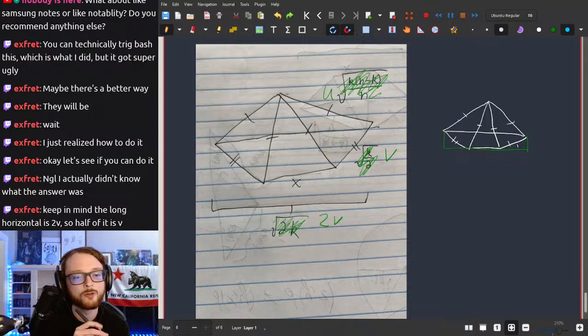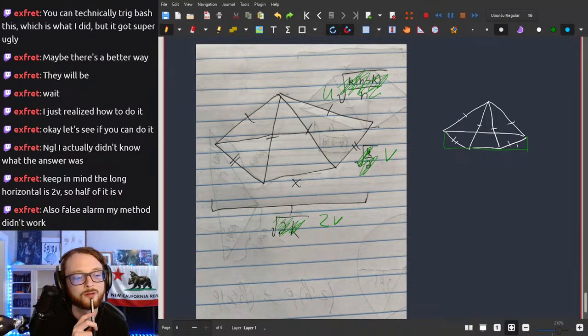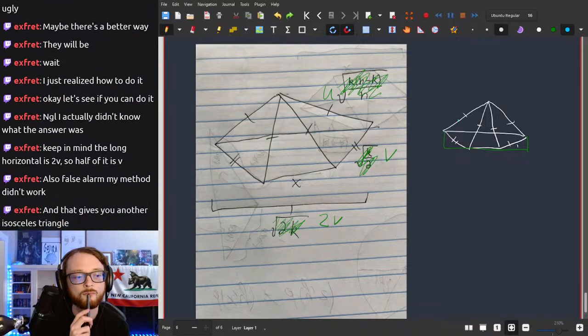The long horizontal is 2v, so half of it is v. That method did not work. Okay. That gives you another isosceles triangle.